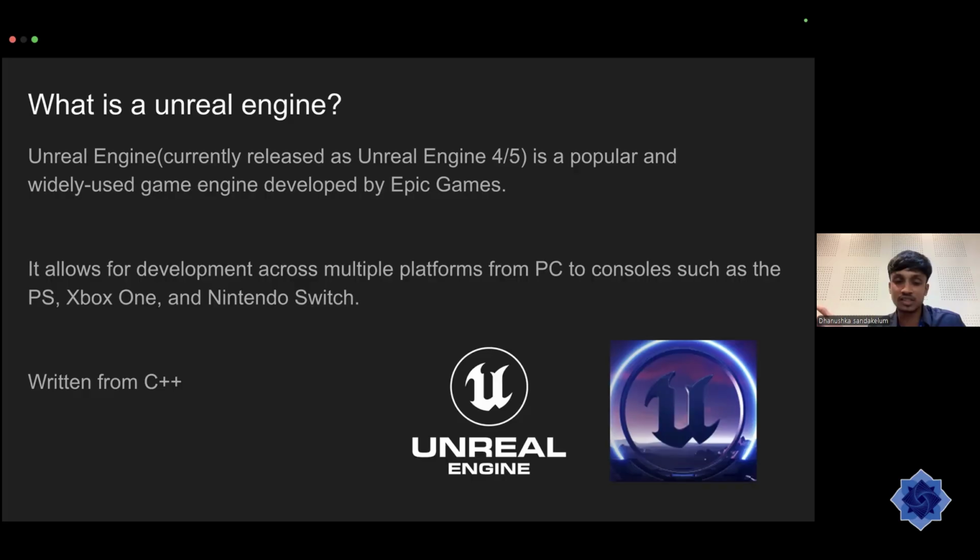Let's say you want to release it on PlayStation, you can run the PlayStation build execution pipeline. So Unreal Engine provides this cross-compiler compatibility, which means you can build your game to support multiple different platforms. You don't need to create the game multiple times for different platforms. Instead, you create one entity and you distinguish the build pipeline based on the platform. Okay, I hope you got the idea.